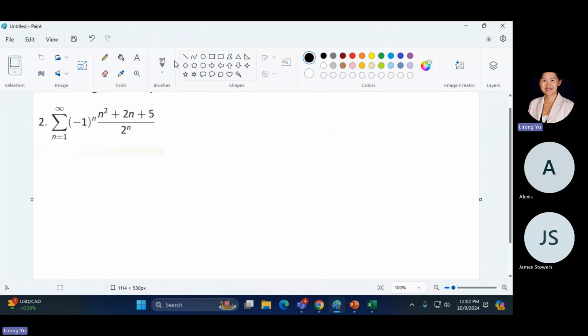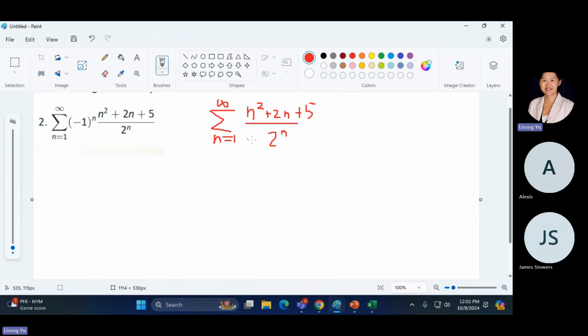So if we look at it without the sign, then you have the summation of n squared plus 2n plus 5 over 2 to the power n, n from 1 to infinity. That's the absolute value of this, because that is after you remove the sign.